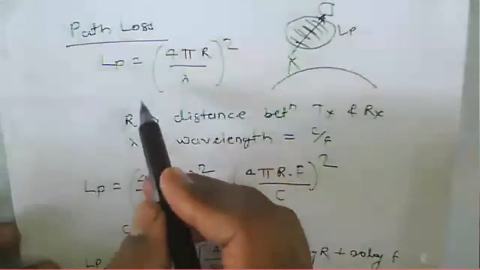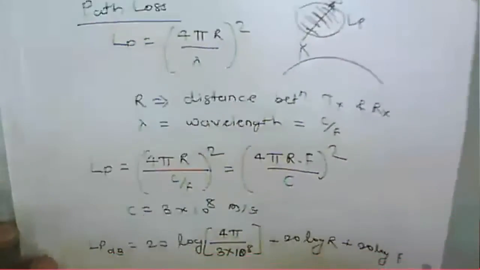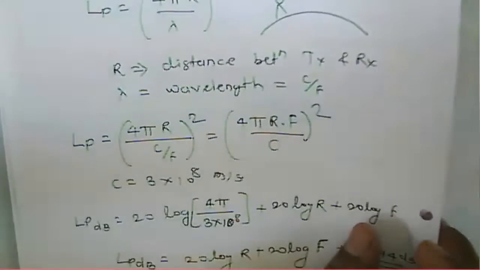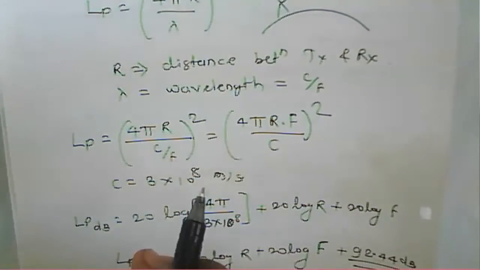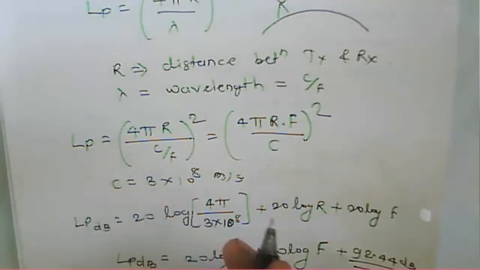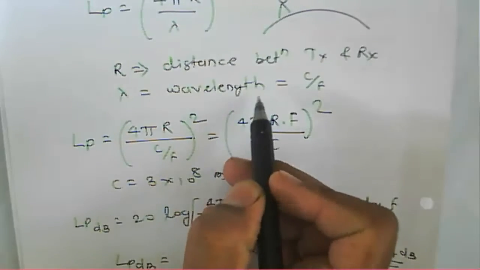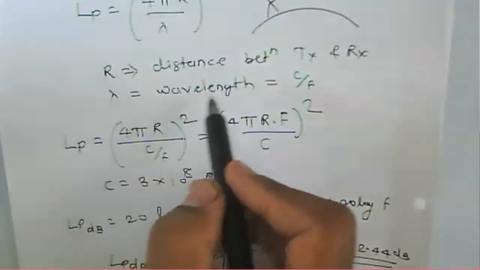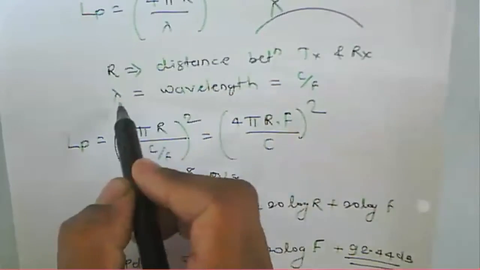Now if you further solve this equation with respect to the velocity of light and the wavelength, lambda is nothing but c by f.